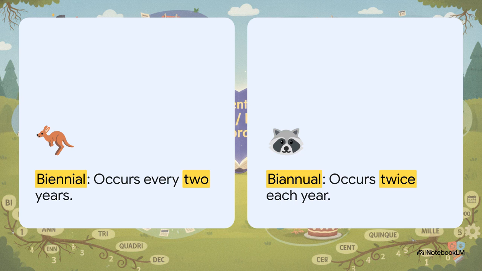Whoa, stop right there. We've got sirens flashing for a major alert. This right here is one of the biggest traps in spelling bees and reading comprehension alike. On one hand, we have our kangaroo's biennial event, which happens once every 2 years. But on the other hand, we have the raccoon's biannual event, which happens twice in a single year. I know, they sound incredibly similar, but they mean completely different things.